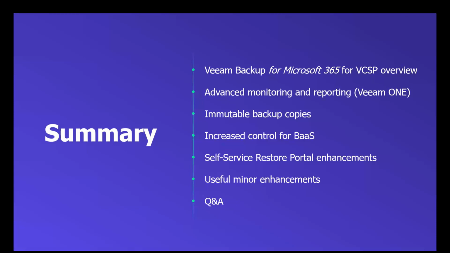A lot of additions, so there's not enough time to go through everything. But at the end of the session, there will also be time left for a more extensive Q&A, by the way. So feel free to ask questions during the session via chat or at the end of this session.